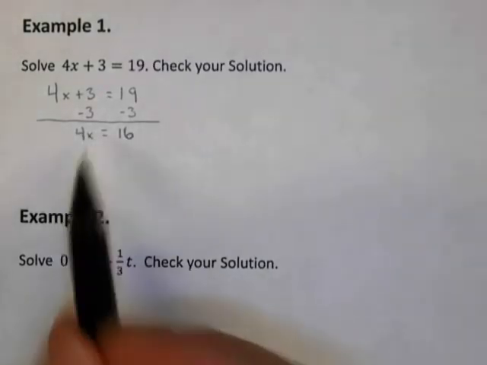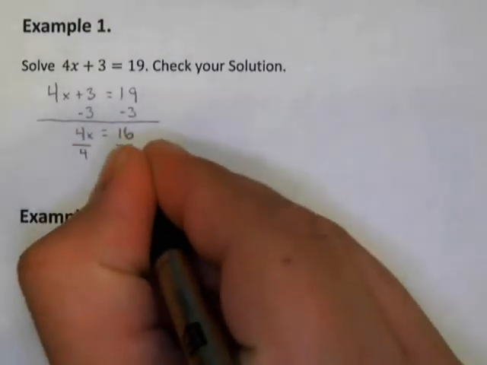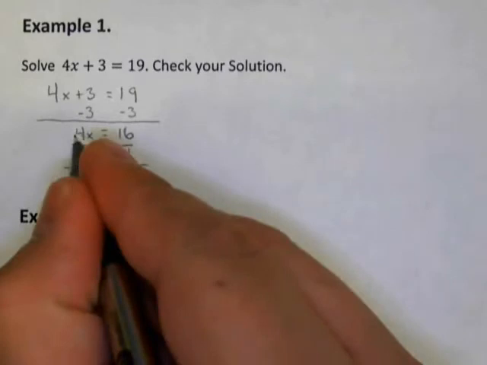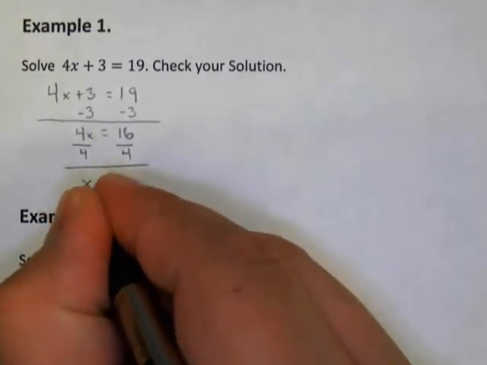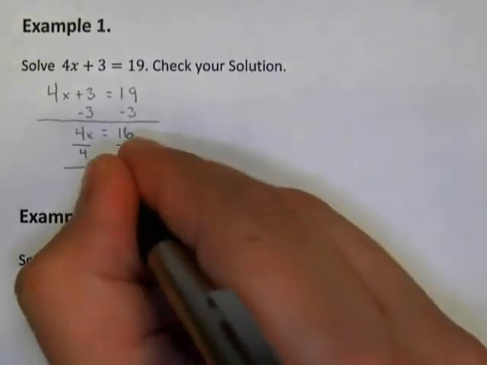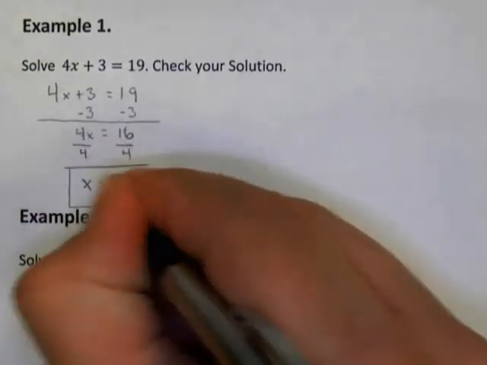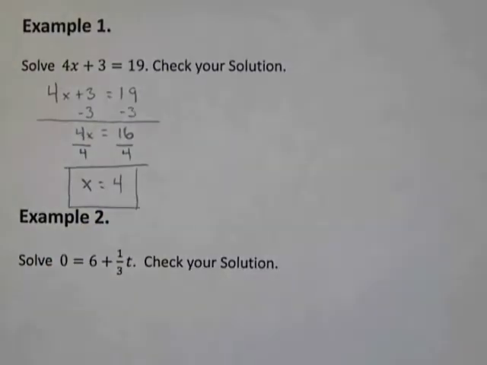These two are being multiplied, so we have to divide by 4 on both sides. When we do that, 4 divided by 4 is just 1, so we're left with just x equals, and 16 divided by 4 is just 4. So therefore, x equals 4. So now we've solved for the variable x.